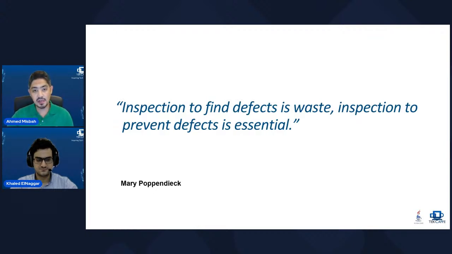So if test loss is actually waste and defects are waste, then definitely something opposite is going to be of value. And this is what TDD is all about. It's a process that helps you prevent defects and not inspect for or detect defects after we have delivered the production code.